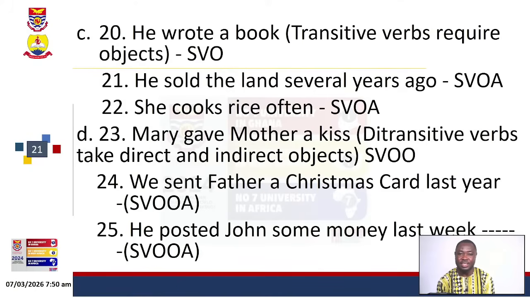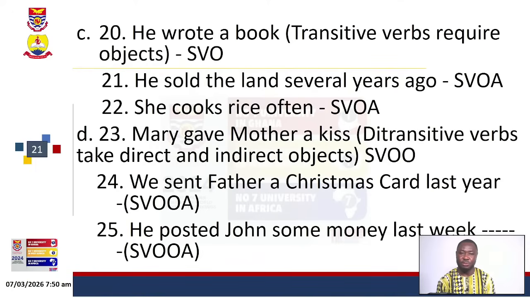So some money is the direct object. It is the one that is directly affected by the action in the verb posted. And then last week is also talking about the time when the posting was done. So in this example 25, we have subject, verb, object, object, adjunct.